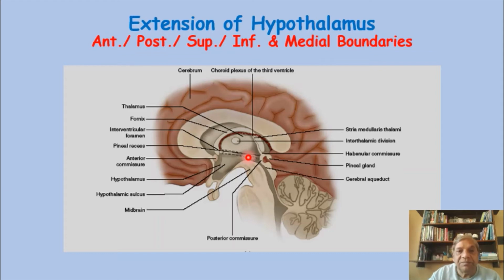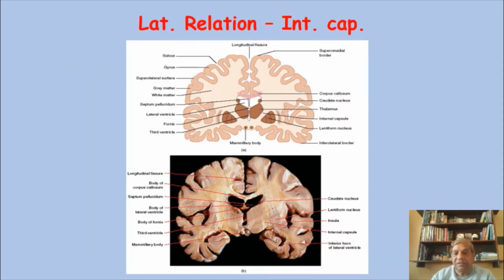This is the mid sagittal section from where I was explaining the various boundaries, but deep to this, the extent of the hypothalamus is limited by the band of white matter which is called the internal capsule. Just to visualize the lateral boundary of the hypothalamus, let us see this coronal section.